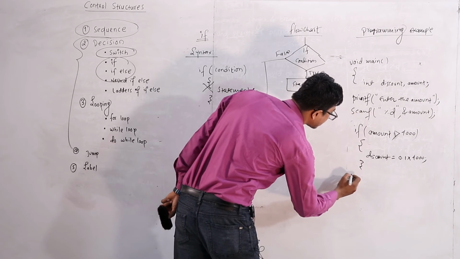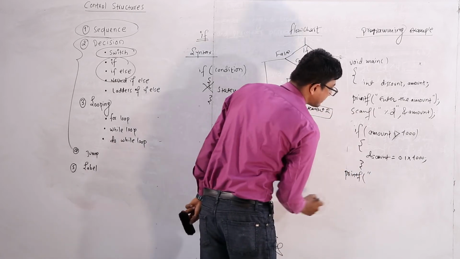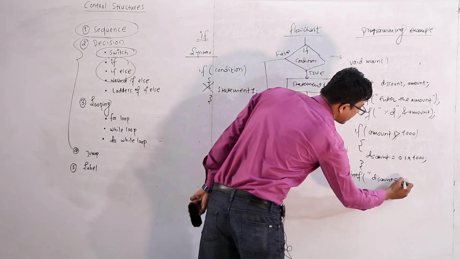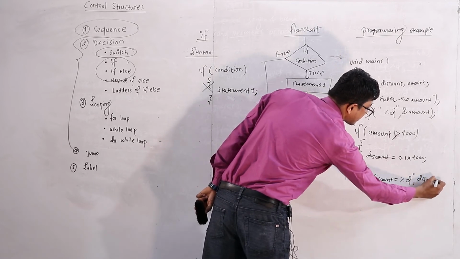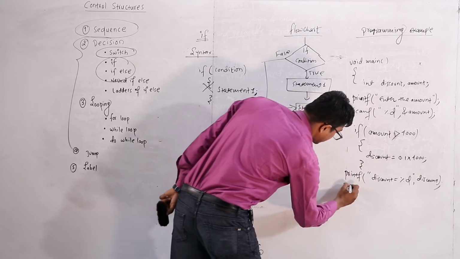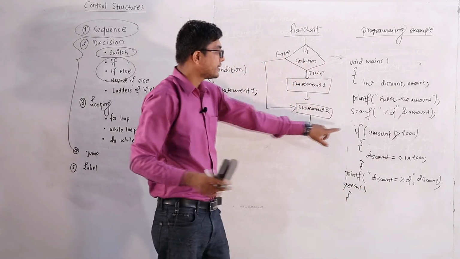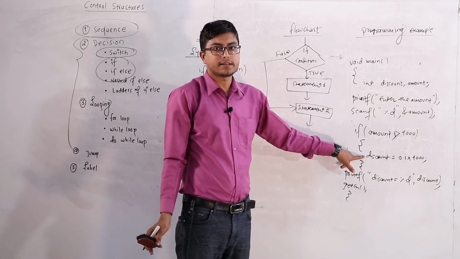So printf("discount equal to %d", discount). In this case, if this statement is true, then only discount will be calculated.